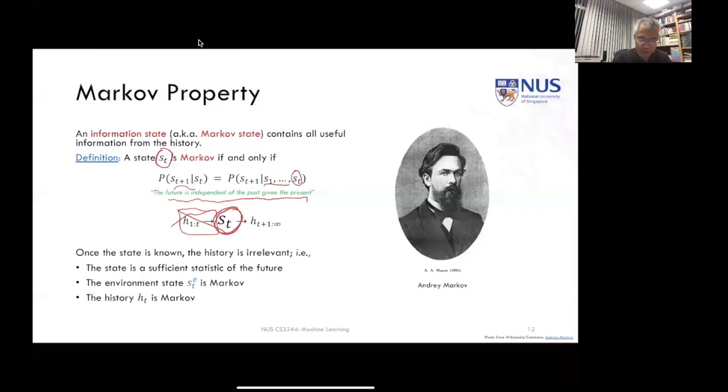And that's going to help me, the only information that I need to predict what I'm going to do for subsequent time steps, right? So what it means is once the state information is known for s_t, the entire history is irrelevant. Everything is encapsulated in the data that s_t has to predict what's going on in the future. So for example, even though I have a lot of memories and they represent the history, what's contained in my brain is basically the state information, which is going to predict how I'm going to behave in the future.